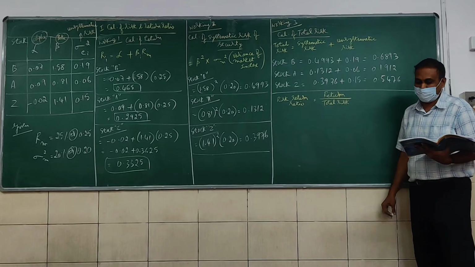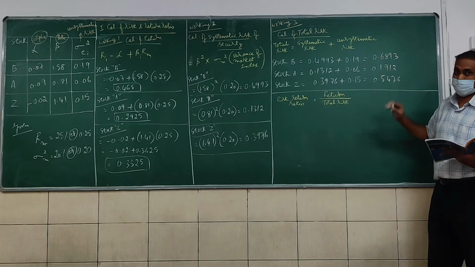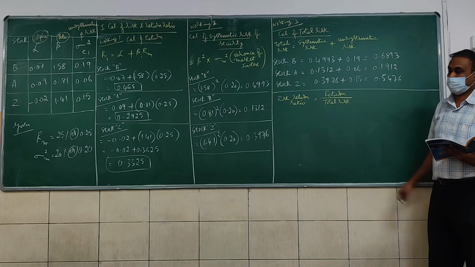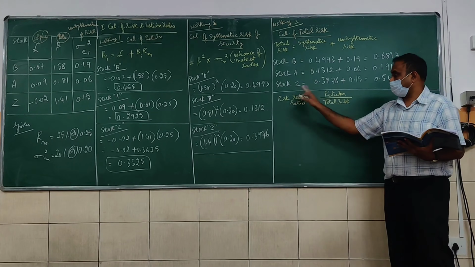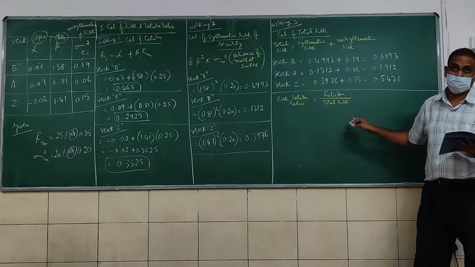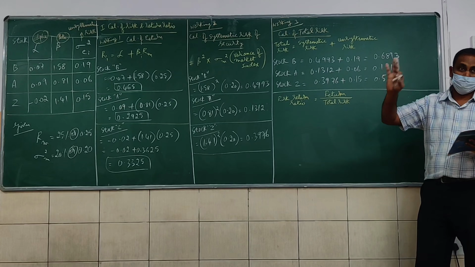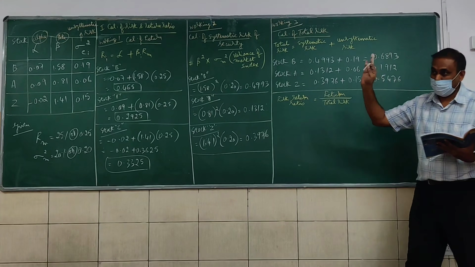So 0.6893, 0.1912, 0.5476. Now I have to find the risk return ratio, which is the best one here. Whichever gives the highest ratio, that is the best stock to invest in.